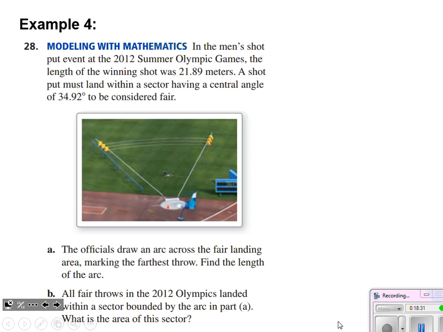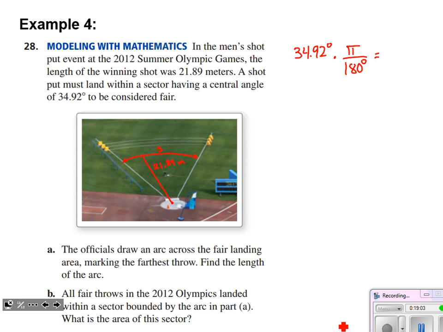Okay. So what that's telling us is from this spot in the ring, the competitor throws 21.89 meters. If we were to measure that arc, what would the length of that arc be? And again, let's use our radian angles. Holy cow, do they make the geometry easier. So 34.92 degrees, I want to cancel out the degrees.